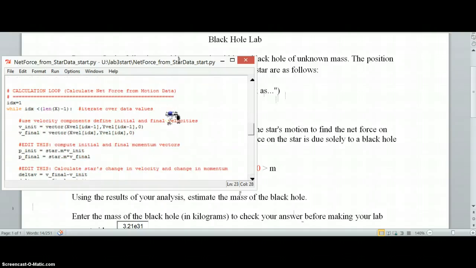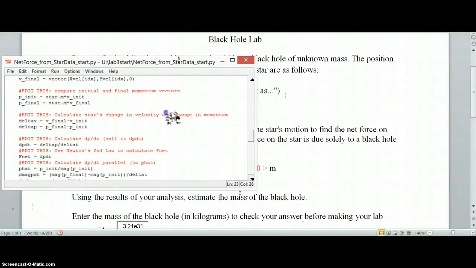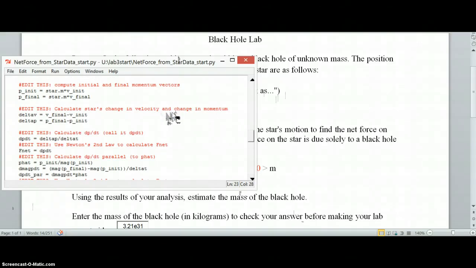In the calculation loop, it was necessary to have the initial velocity as well as the final velocity and the initial position and the final position, position, momentum vectors, to be able to then use that to calculate delta V and delta P to be able to calculate Fnet. So Fnet is equal to the change in momentum over the change in time.